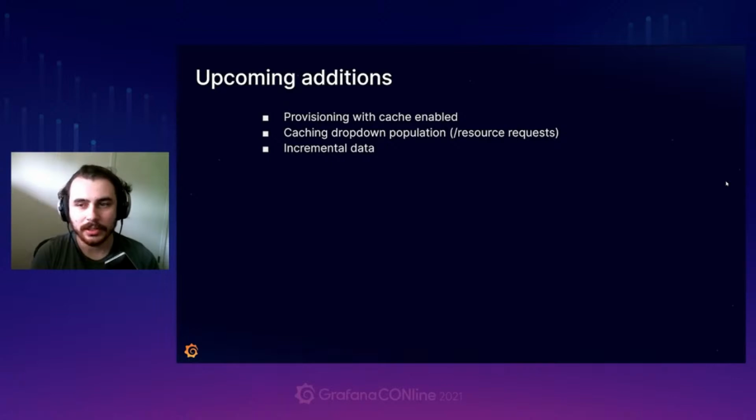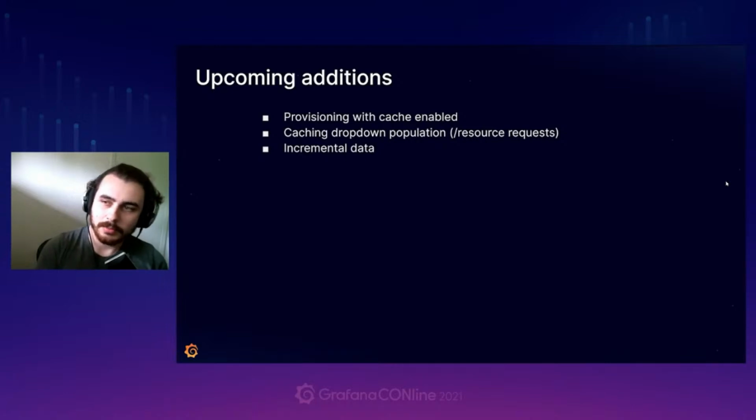This will help decrease the load on certain plugins that require a lot of information to render a query editor, especially ones like ServiceNow, which can have massive amounts of data in a single dropdown. We want to cache incremental data rather than an entire query. This could have a pretty huge impact on query performance, but it also introduces some additional requirements on every data source. So it may not be possible for this to exist for every data source. It might have to be implemented for each one at a time.